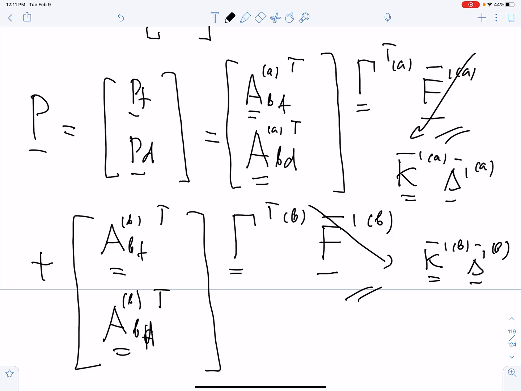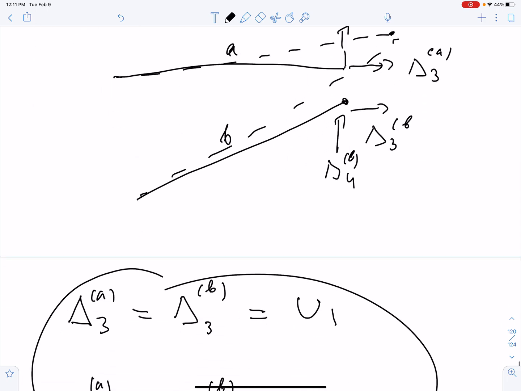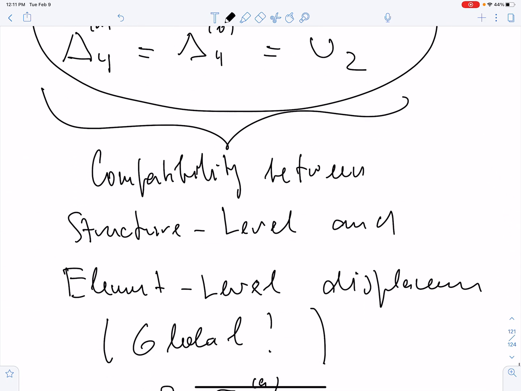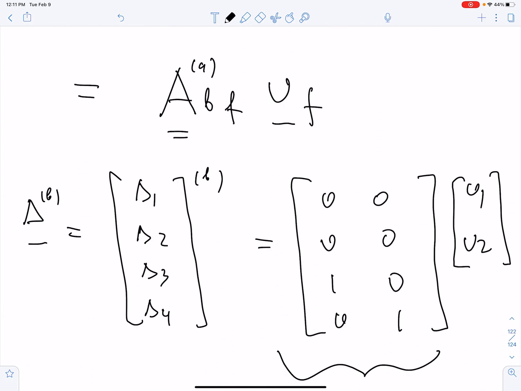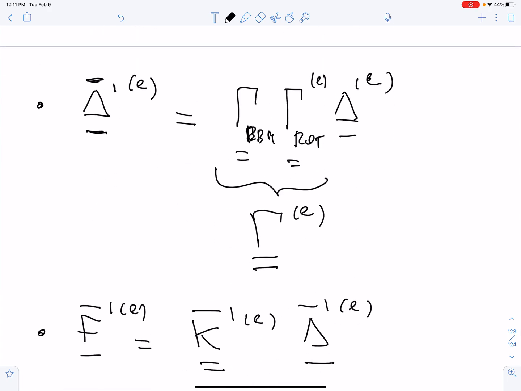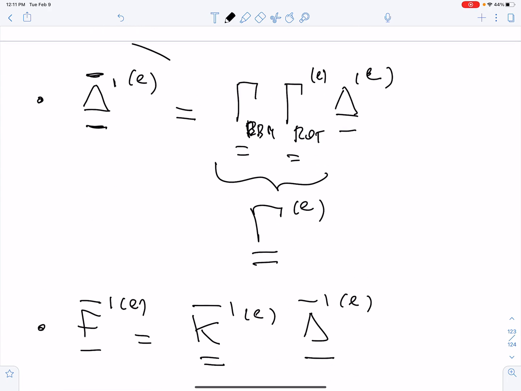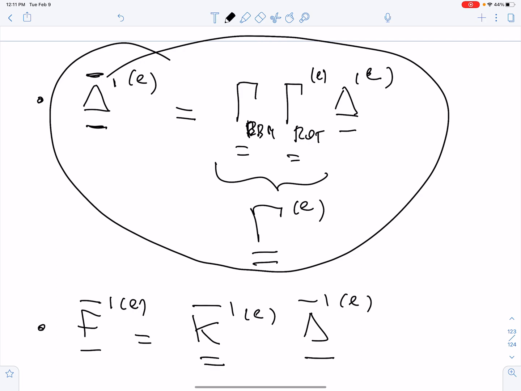Remember, this comes from the differential equations. And then we can take these displacements and work our way back up to UF, using the compatibility expressions, the ABFs, and this guy here.